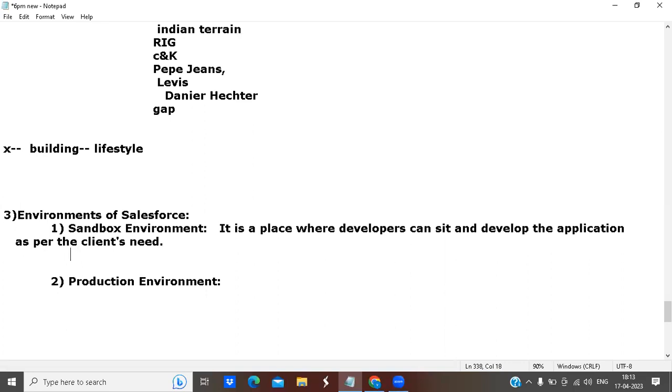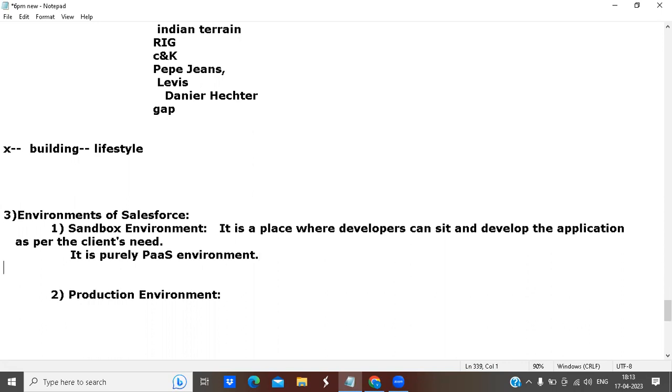I can say it is purely a PaaS environment. You know what PaaS stands for? Platform as a service, where developers can sit and develop the application. Okay.